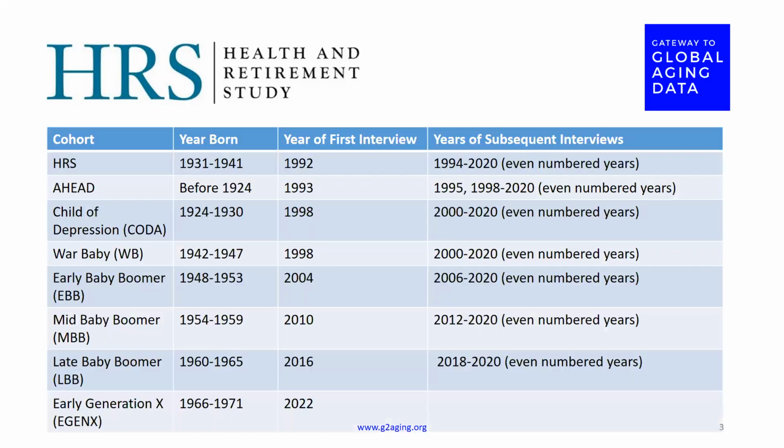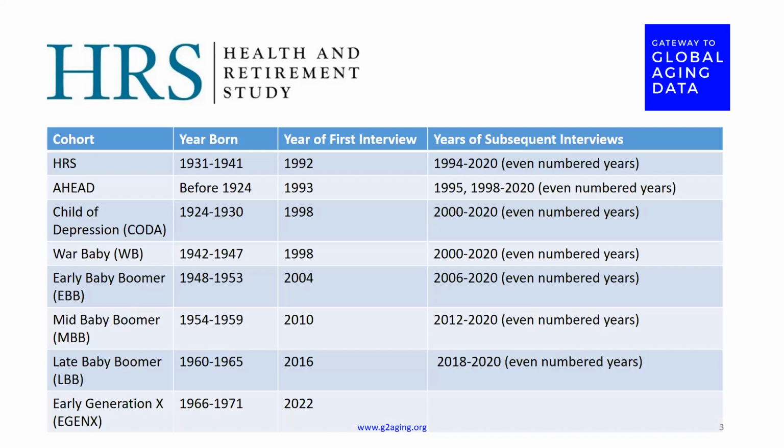As of the 2020 interview year, the HRS has had 7 distinct cohorts that have been incorporated into the sampling framework. The first was the HRS cohort, with individuals born between 1931 and 1941, who were first interviewed in 1992 and every 2 years following.